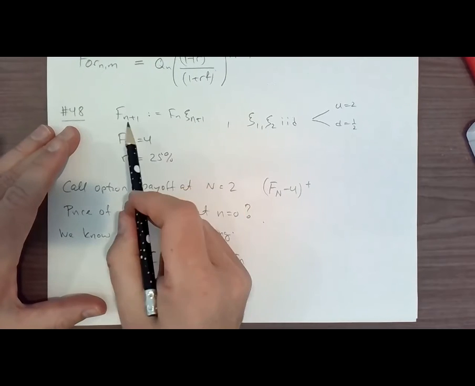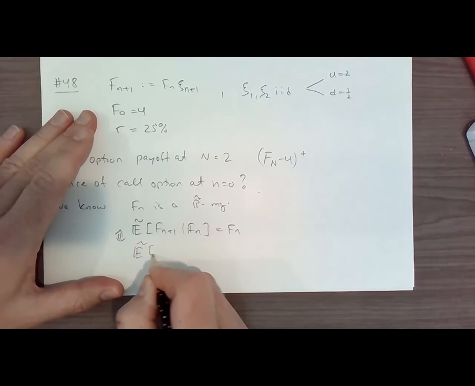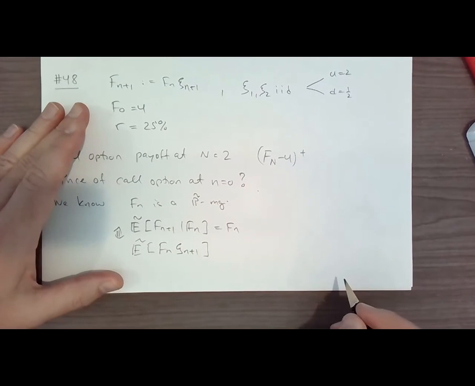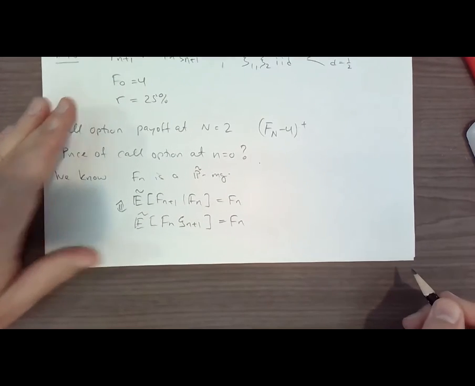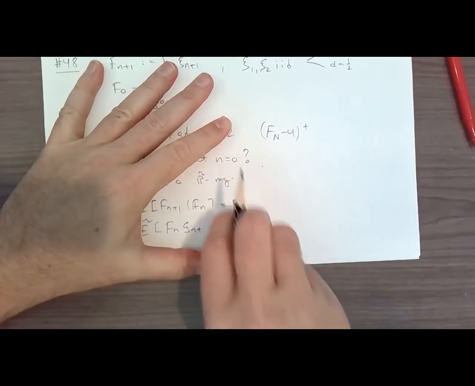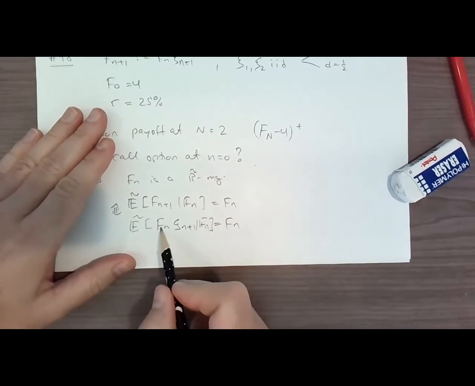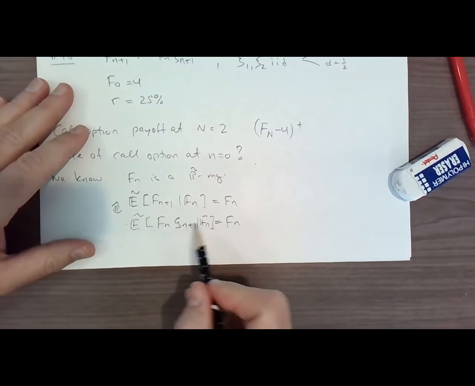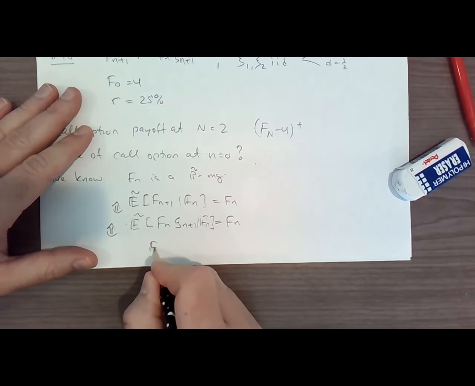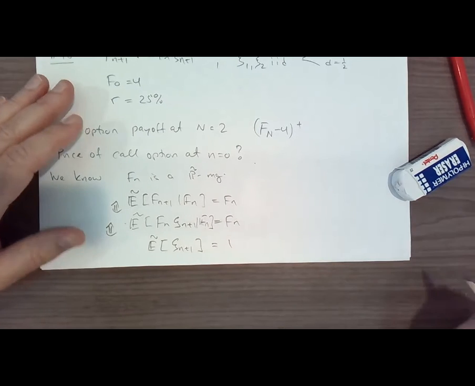What we have up here is F_{n+1} is F_n times that coin flip. So this has to be F_n. F_n is measurable, so you can take it outside, and the coin flip will be independent. We've seen that many times. So the F_n's will cancel out. We're going to get that the expectation of psi_{n+1} ought to be 1.